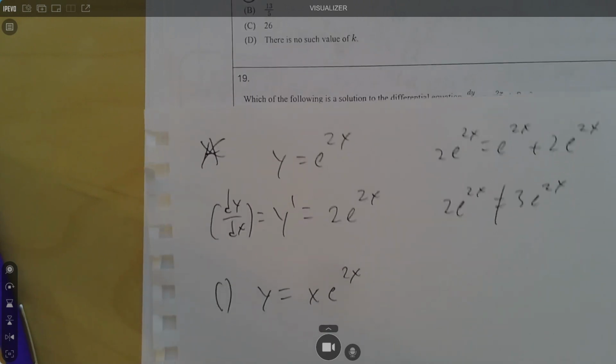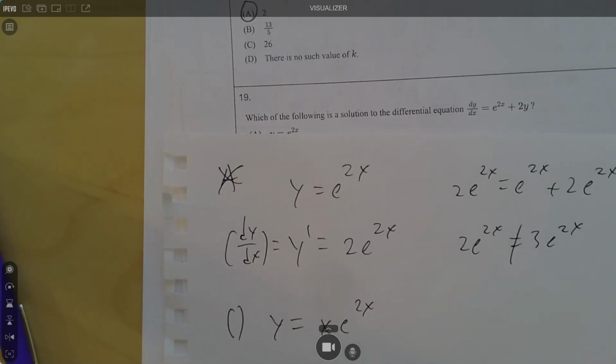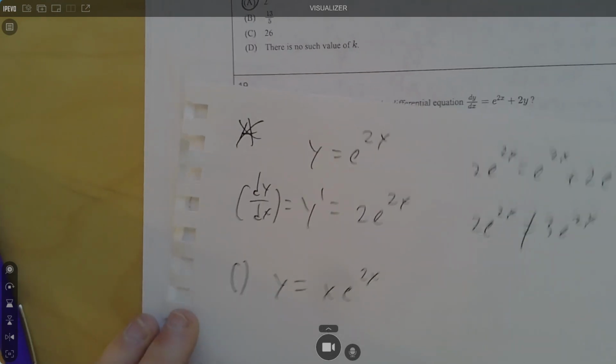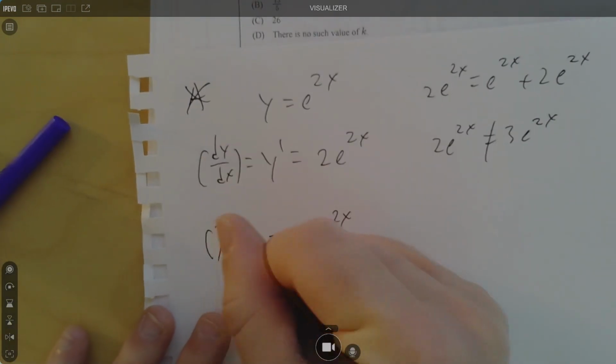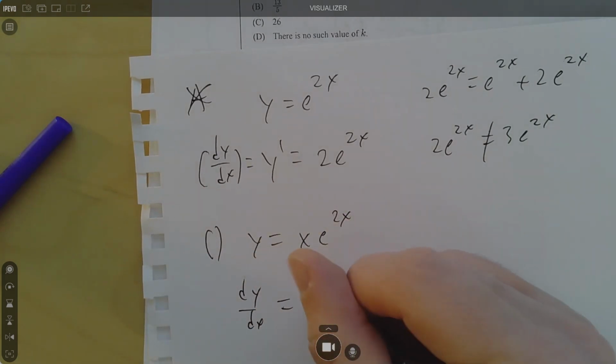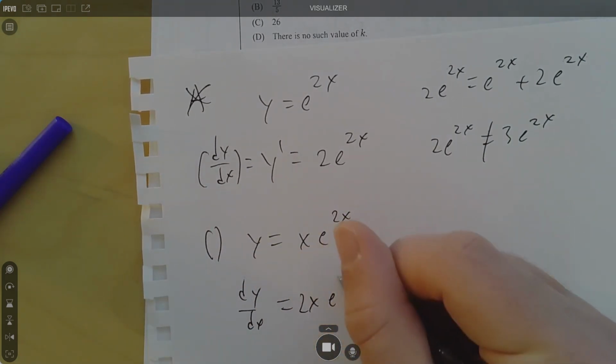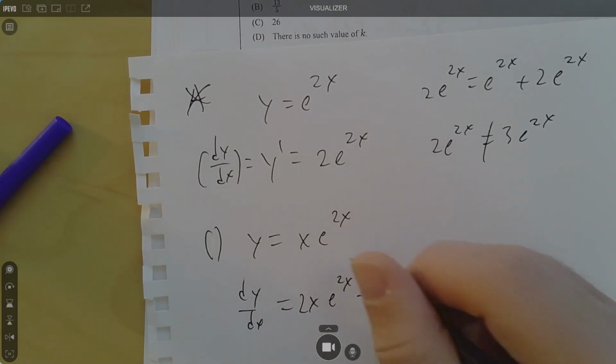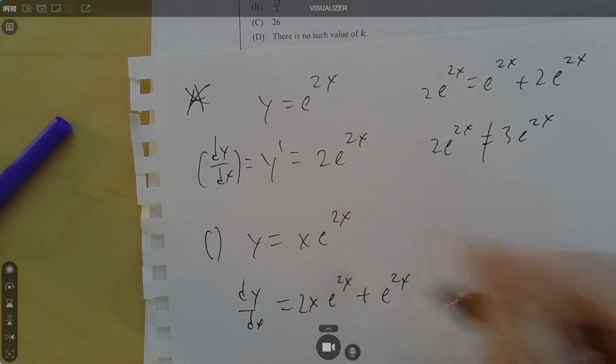So I'm thinking about this one now. Okay, let's try it. So I need that, and I also need dy dx, which is product rule: left times derivative of right, x times 2e to the 2x, plus right times derivative of left, just e to the 2x.